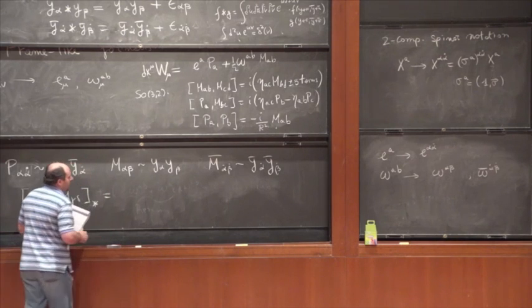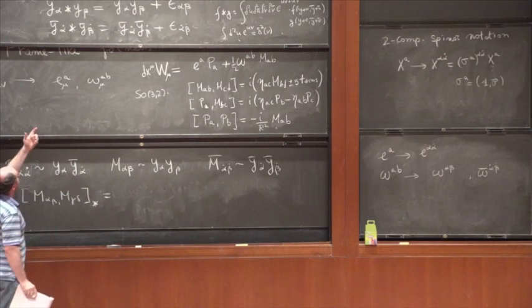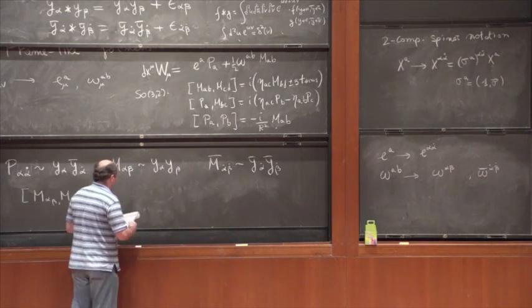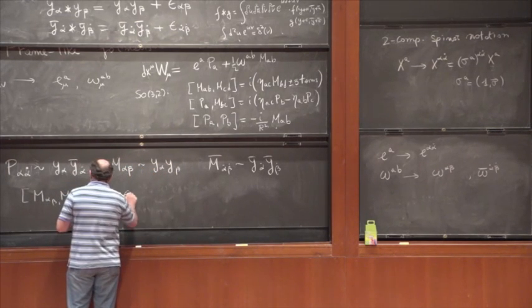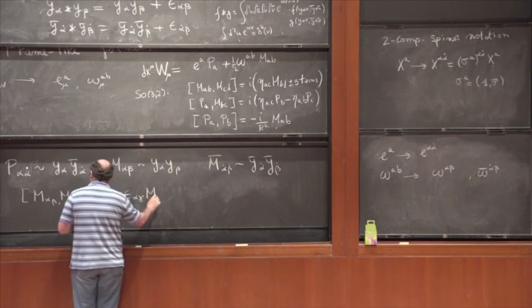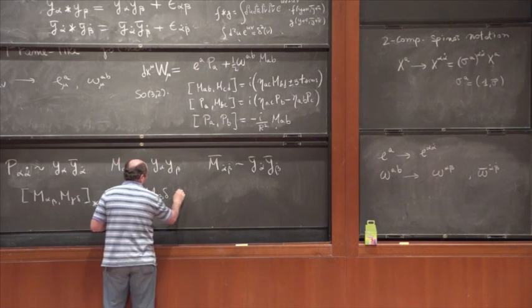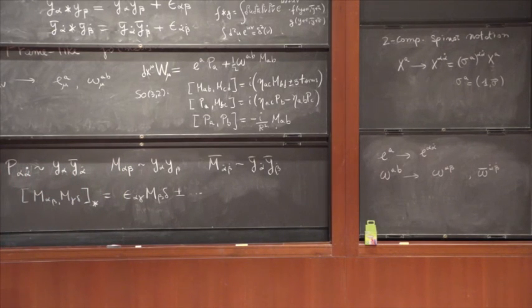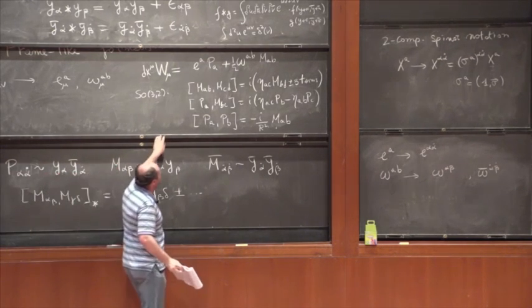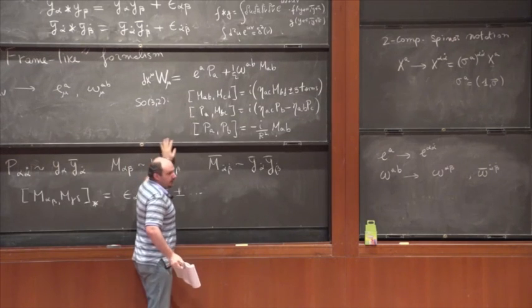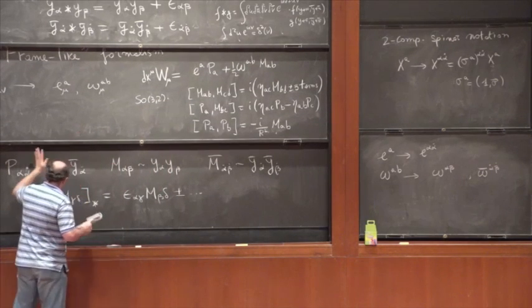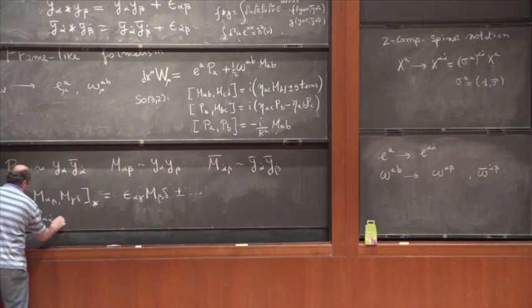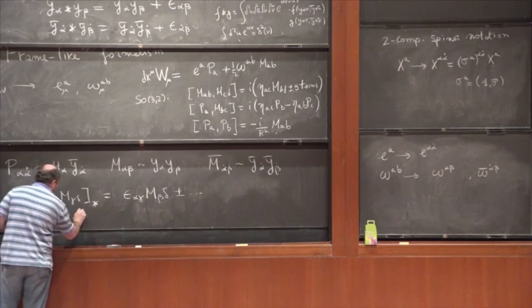If you do that star product, you can use it to contract two of the y's, and then you'll get an epsilon times an M plus minus the other terms. So this is the two-component spinor form of this. And if you do the other commutators, you reproduce all the rest. For example, the star commutator of P alpha alpha dot and P gamma gamma dot.